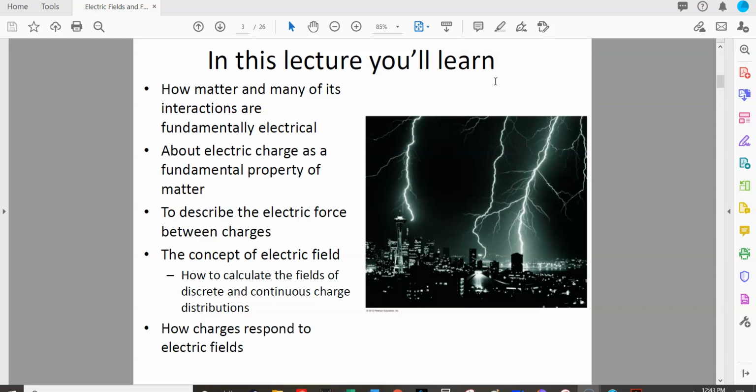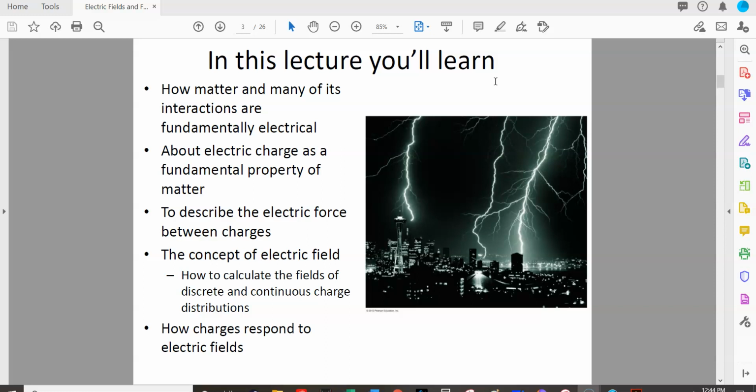Usually you'll see that right around monsoon season in July and August, sometimes into September too. So what is really going on which causes lightning to fly out of the sky? Well, we're going to investigate that a little bit.